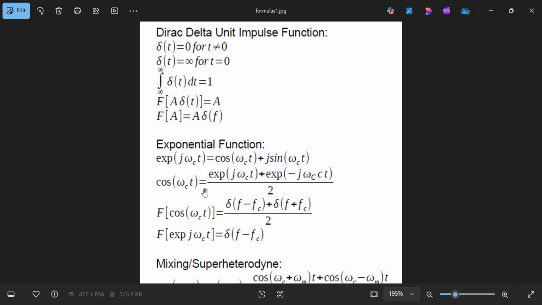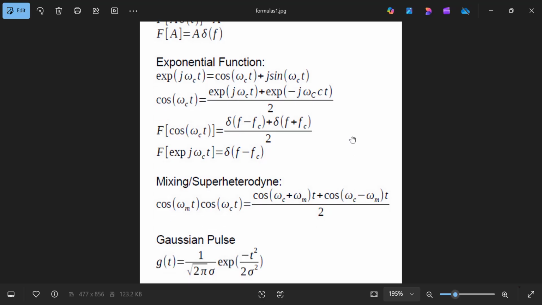So if you take the Fourier transform of exponential j omega ct, you get an impulse at f equal to fc. Therefore, the Fourier transform of cosine gives you two impulses, one at fc and one at minus fc. If you mix two tones together, two cosines multiplied by one another give you the sum and the difference frequencies.